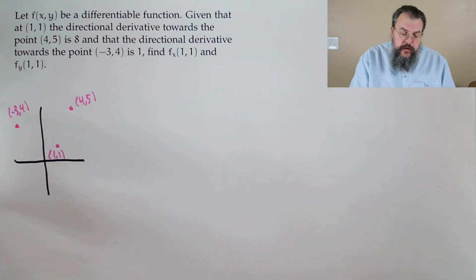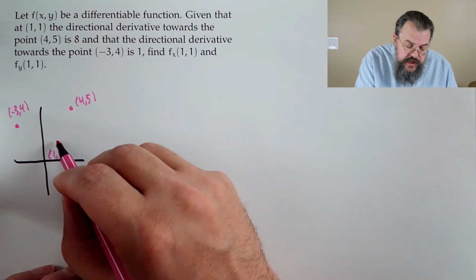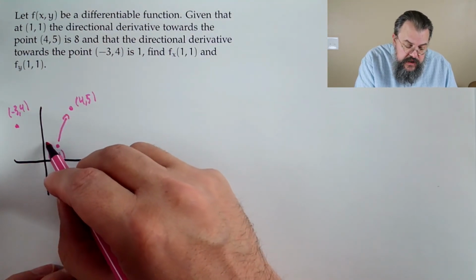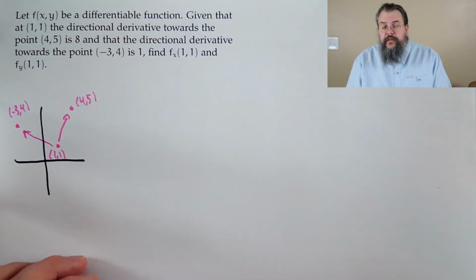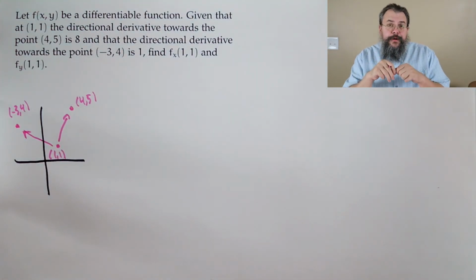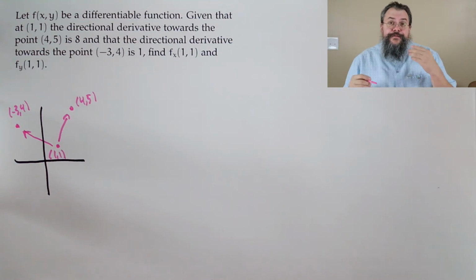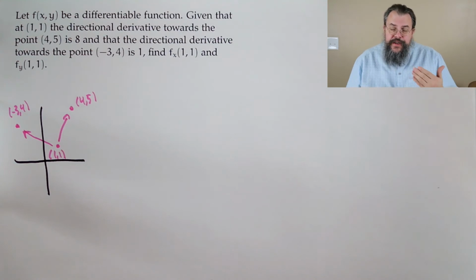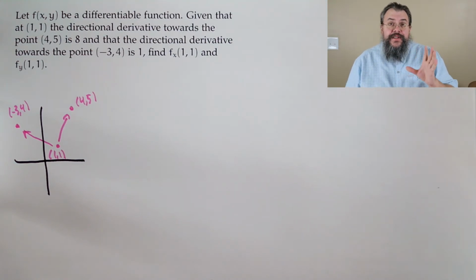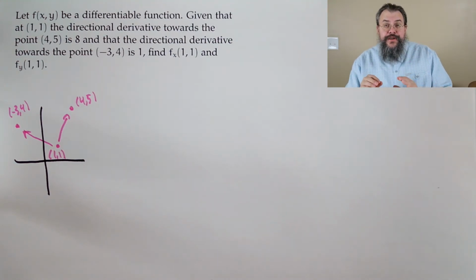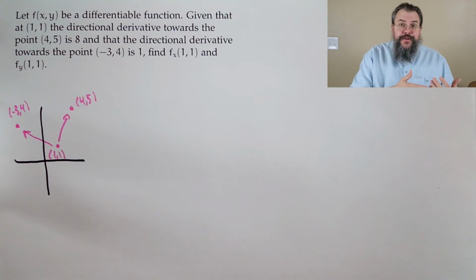And we know something about our rate of changes in these directions. Okay, so we can say if we start from the point 1, 1, we know what's happening when we go in these two different directions. All right, how do we actually find our directional derivatives? Well, because it's a differentiable function, we have a nice tool.